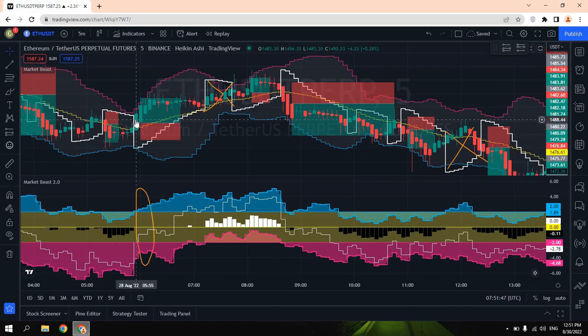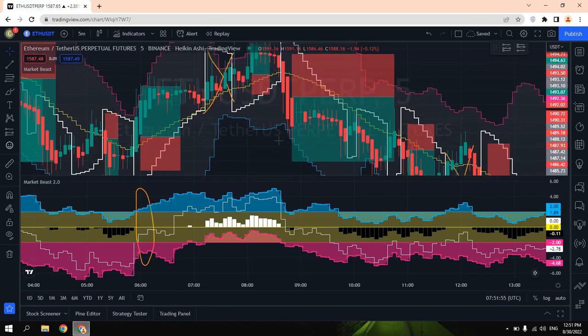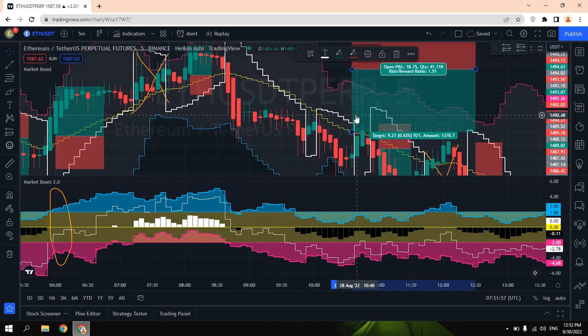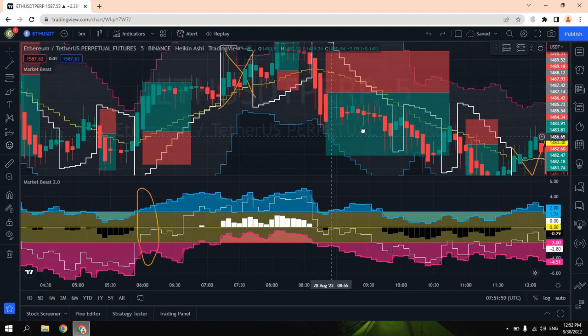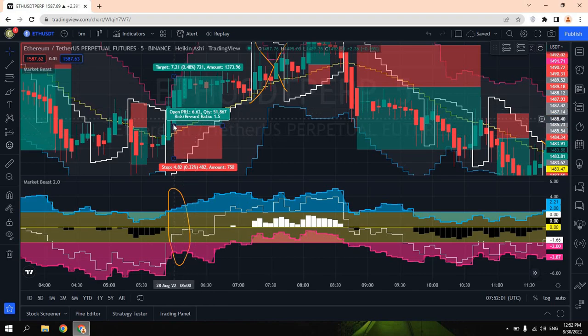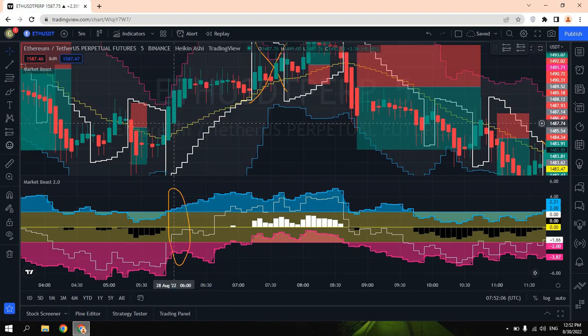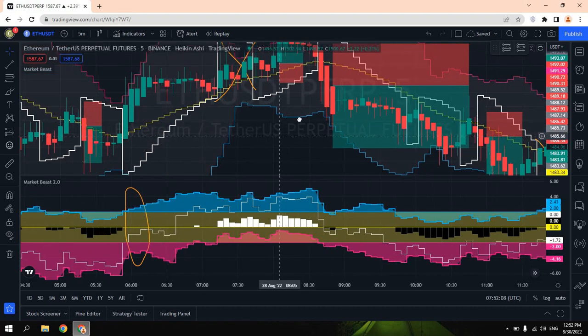This is the first candle closing above the yellow line, and this is the second candle closing above the yellow line. Here we will confirm this trade. Here we will take entry. Let me remove it first, then I will tell you again.